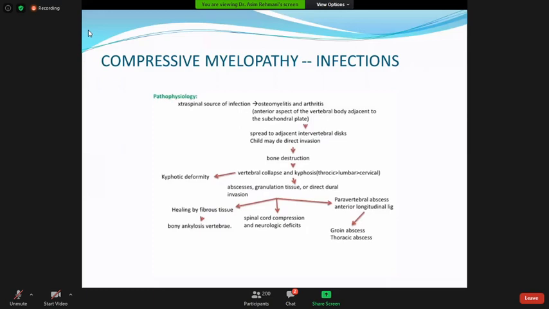These abscesses in the dorsal spine or dorsolumbar junction can spread through the fascial planes to far areas, like a psoas abscess, in which the abscess is in the inguinal region, but the disease is at the dorsolumbar junction. All these abscesses, granulation tissue, or direct bony destruction can lead to spinal cord compression and neurological deficits.